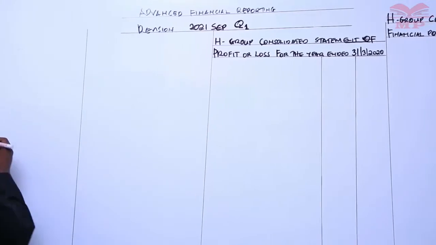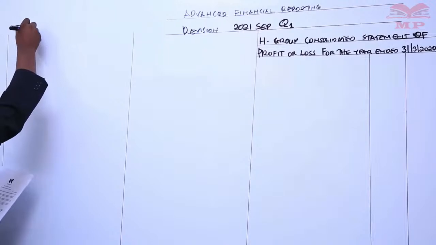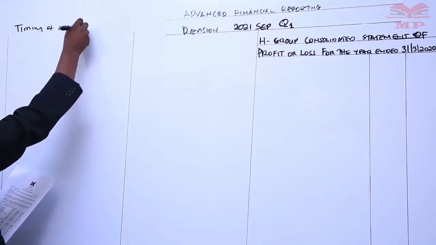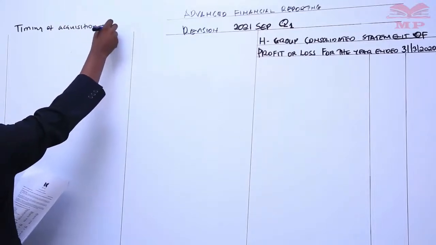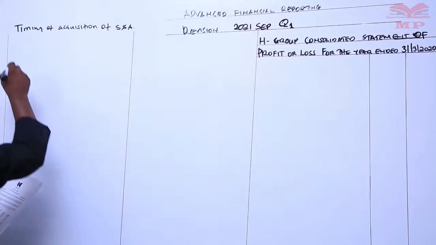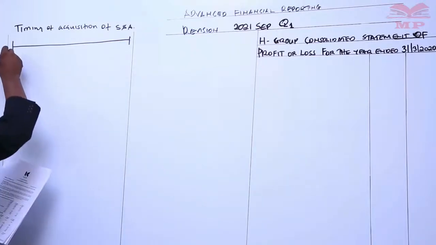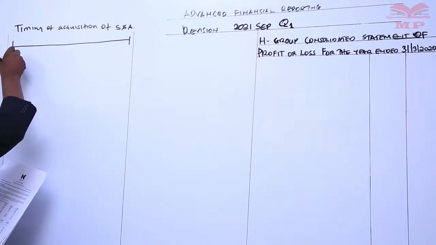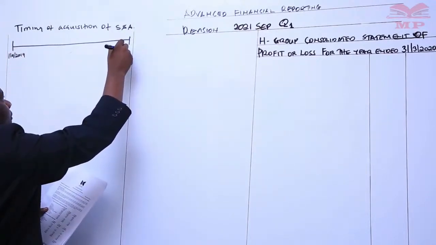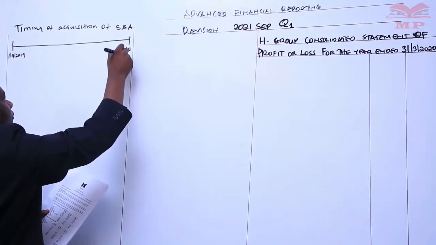Okay, so the first thing that I'll elaborate on is timing of acquisition of S and A. So we draw this. The year begins on 1st April and ends on 31st March 2020.